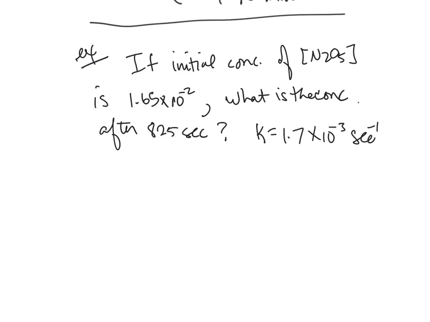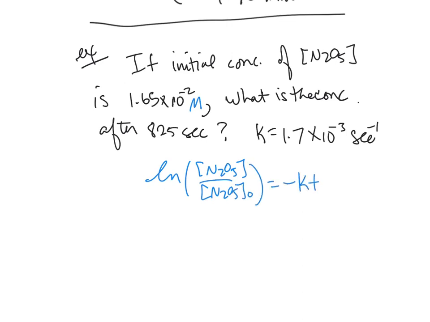All right, in this case, let's think about that for a minute. You're given the initial concentration and you're given the time and the rate constant. So if you used the integrated rate law again, natural log of N2O5 divided by N2O5 initial is equal to negative kt.